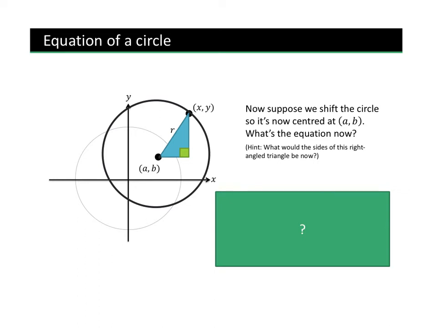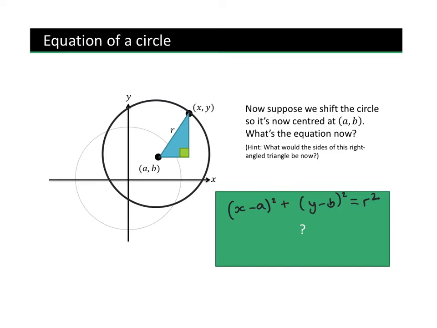Well done, absolutely correct. So this stands to reason that (x minus a) squared plus (y minus b) squared must equal r squared. And this is the equation of a circle.